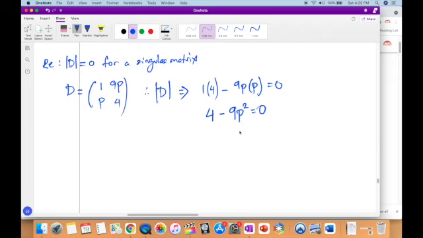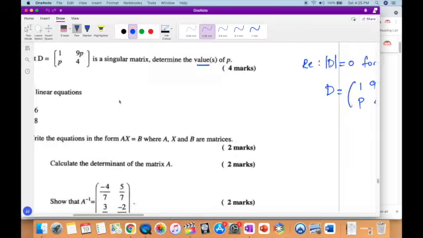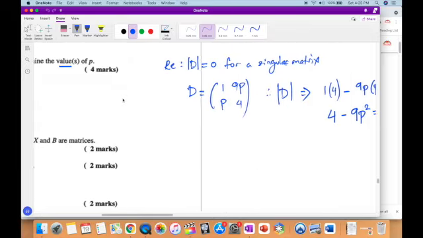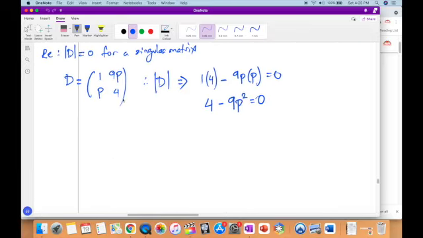So now I can see what's going on here. Listen, the determinant is 1 times 4 and then p times 9p, and you minus them, right?